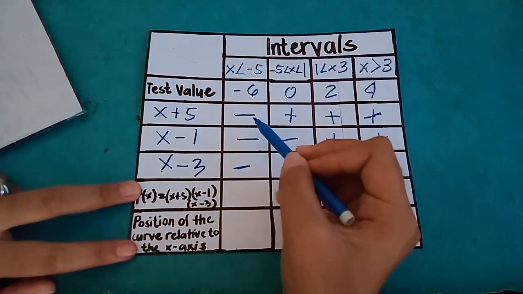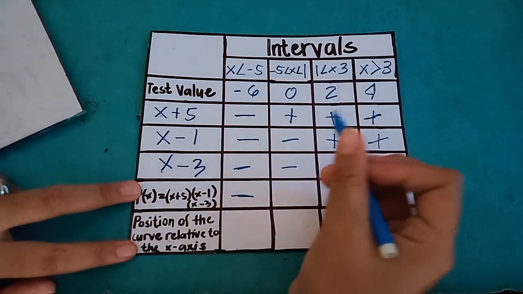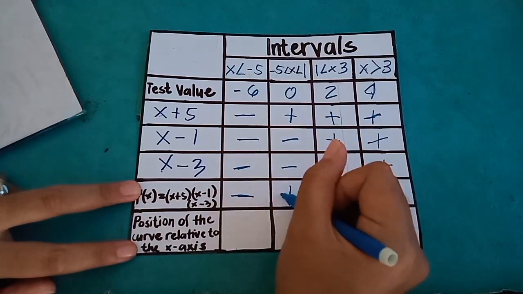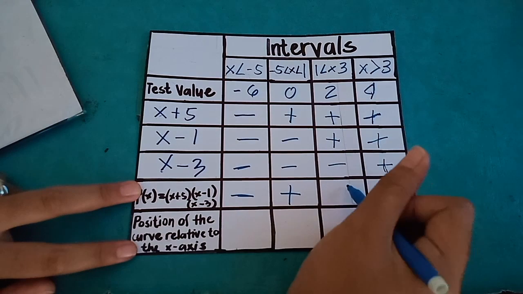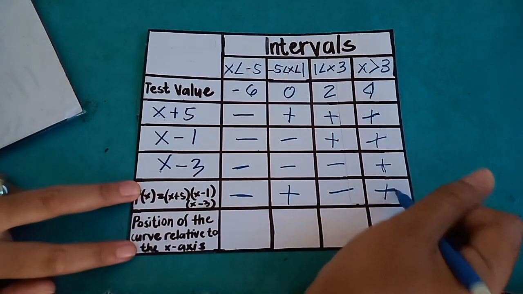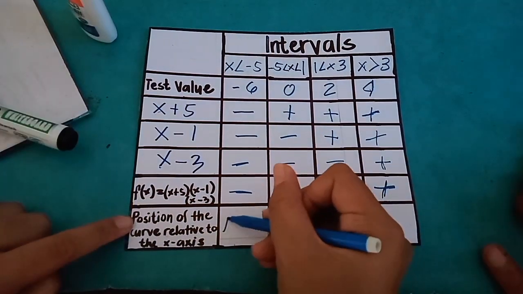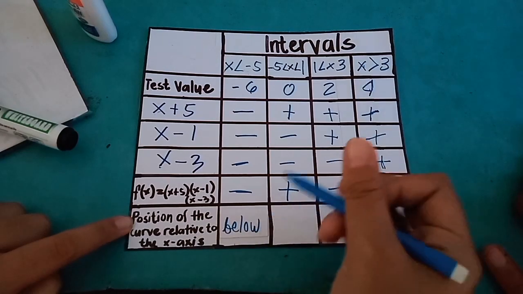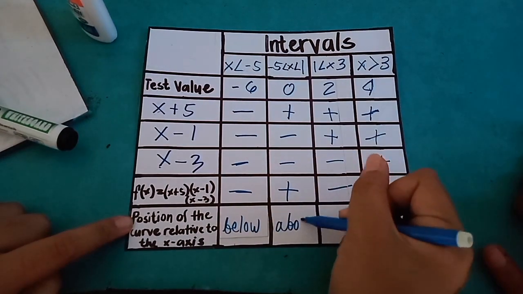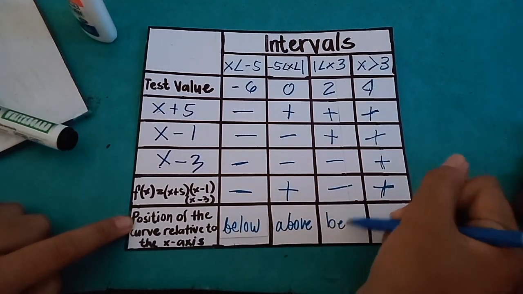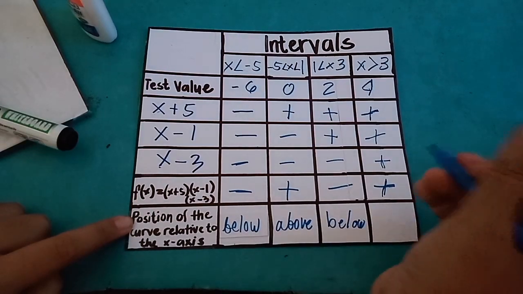To get the next row, we need to multiply the signs: negative, positive, negative, and positive. So the position of the curve is below, above, below, above.